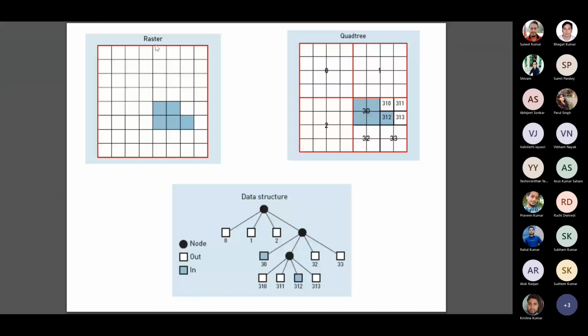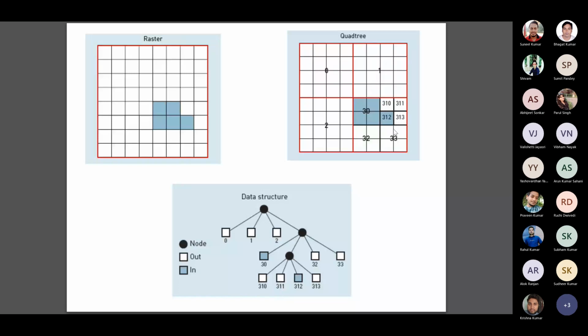This is what the quadrant is: when you divide a space into 4 equal parts. Here it is an 8 cross 8 raster. So this 8 cross 8 raster is divided into 4 cross 4 rasters. As you can see on the right side, the quad tree is written over here. So this space is divided into 4: 0, 1, 2, 3.